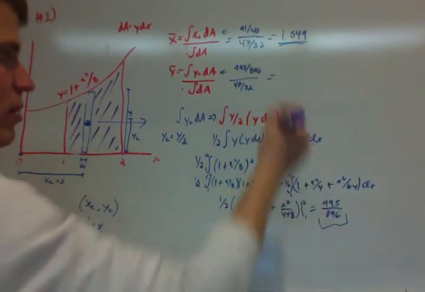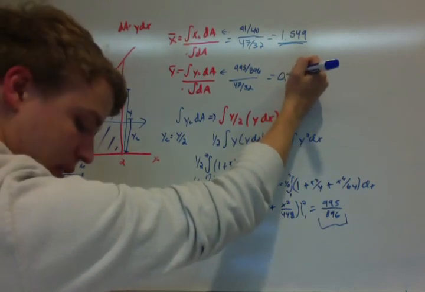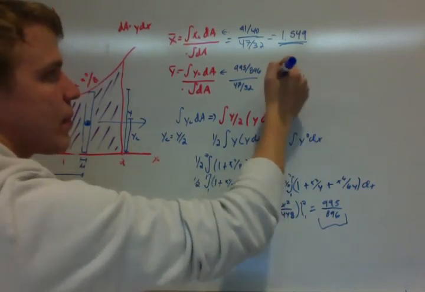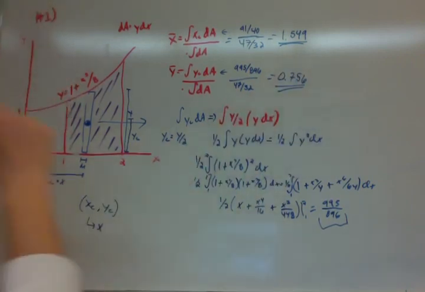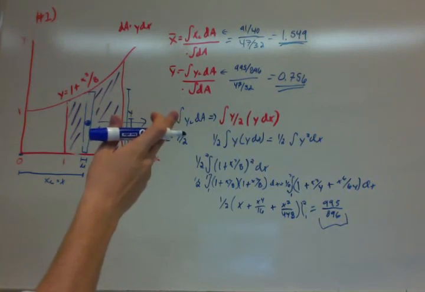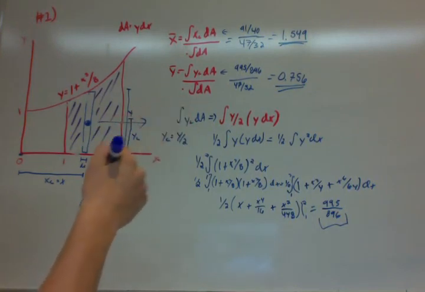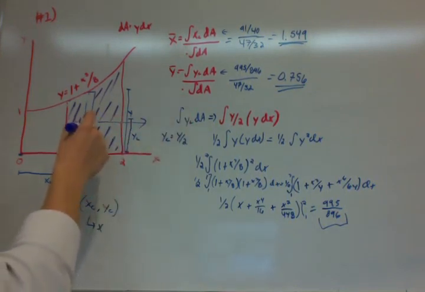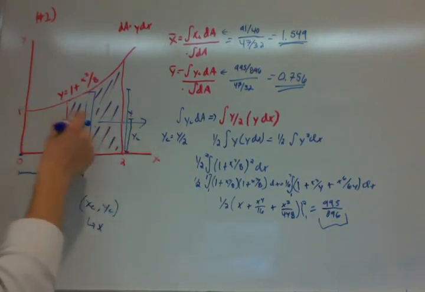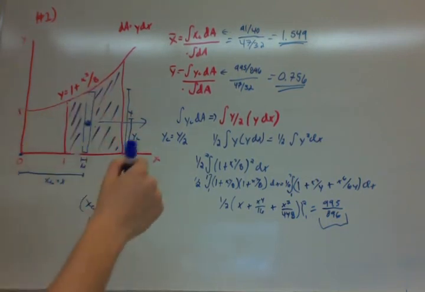And that turns out to be 0.756. Right? And then if you think about it, x bar 1.5, yeah, that's probably somewhere around here. That's probably right. And then y bar 0.756 would be about here. Hey, that's probably right too.